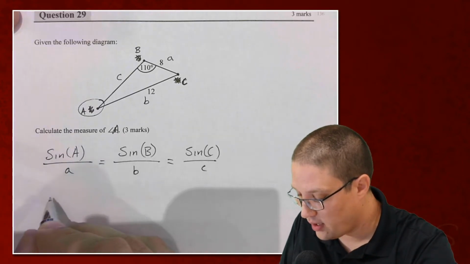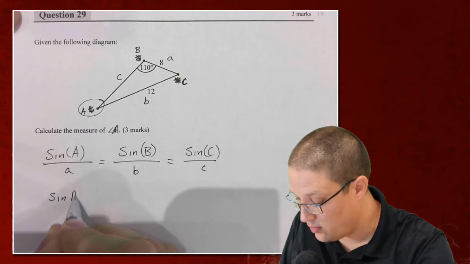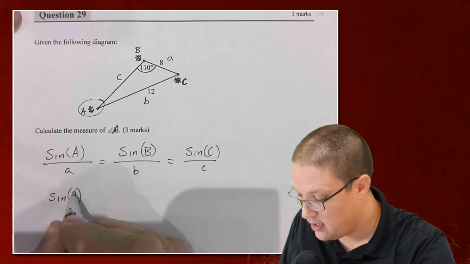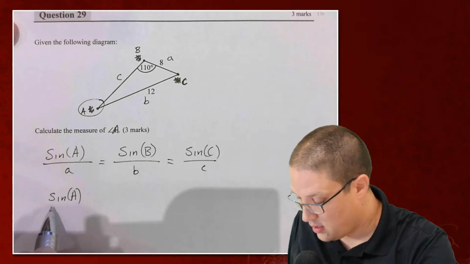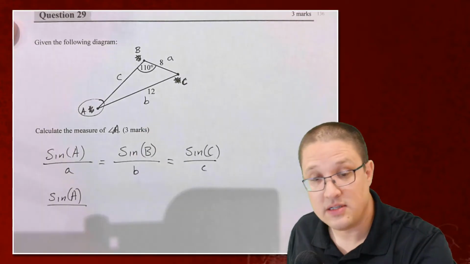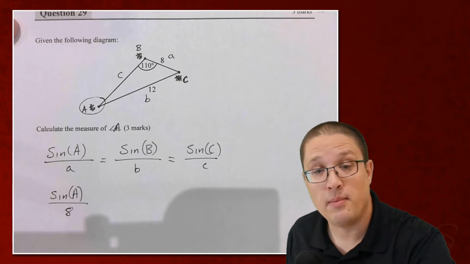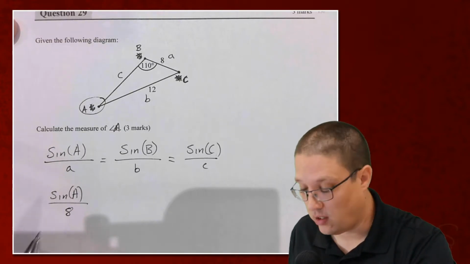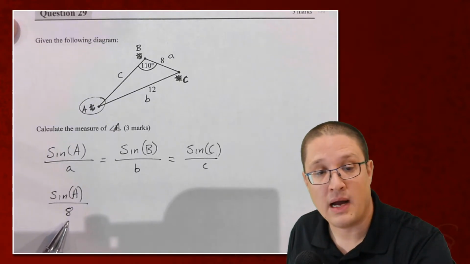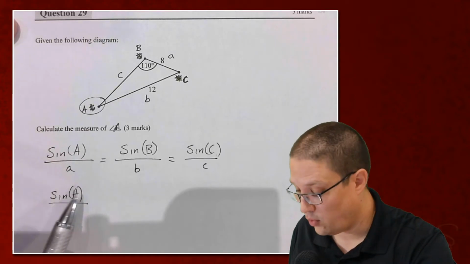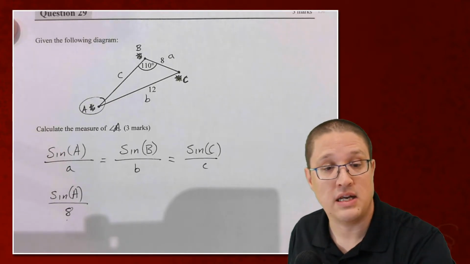We know we're looking for sine A, or angle A here. That's what we're looking for. I do have side A here. I'm going to put that in. When I'm looking for an angle with sine law, I must have the matching partner side. So if I'm looking for angle A, I must need to have side A.